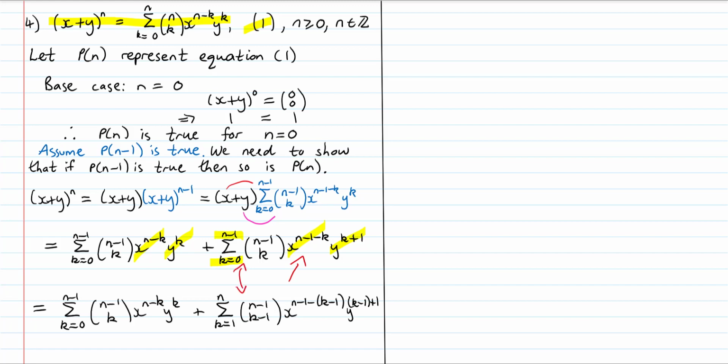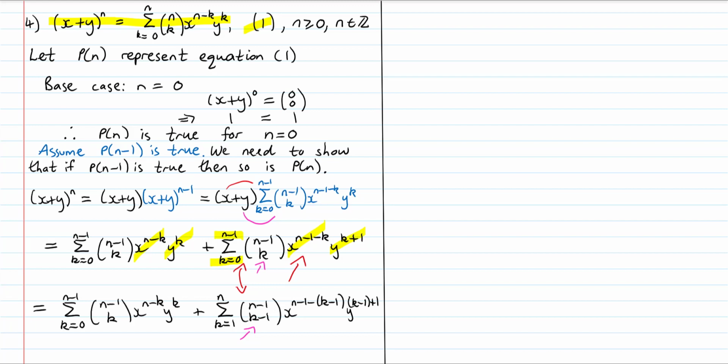So for example, if we plug k equals 1 into this n minus 1 choose k minus 1 part here, that would be our first term, and we'd get n minus 1 choose 0. And if we look up in the top one here, plugging in k equals 0, we also get n minus 1 choose 0. Then for our final term, for the bottom part, we'll plug in k equals n.